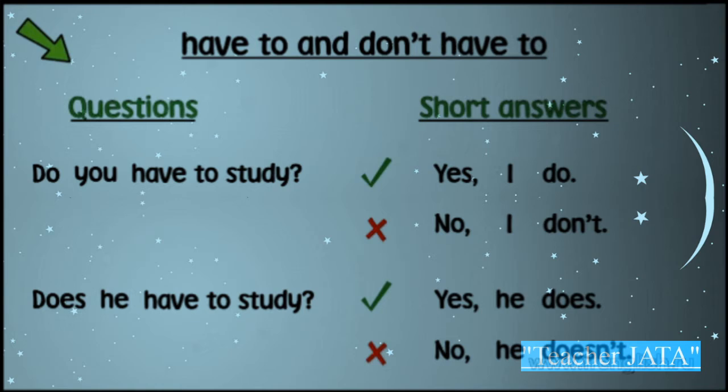To give short answers, we use do or don't with I, you, we and they, and does or doesn't with he, she and it.